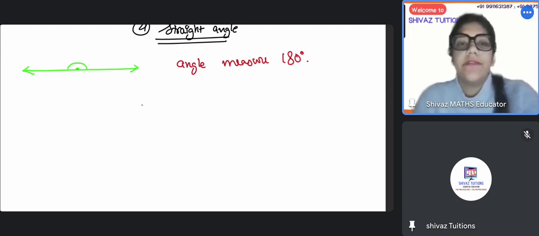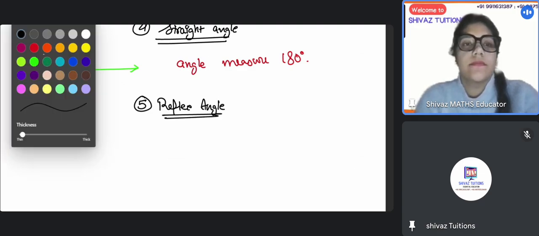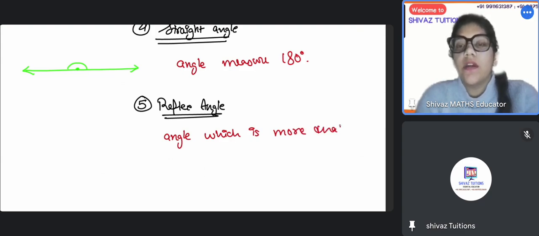After that, we have reflex angle, as Emmanuel said. Reflex angle is an angle which is more than 180 but less than 360.